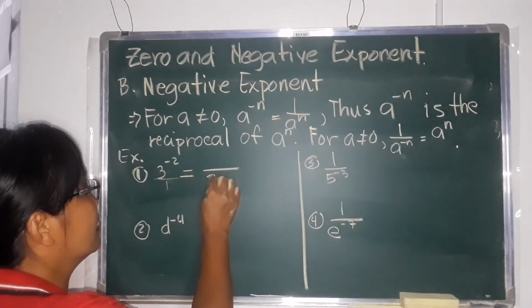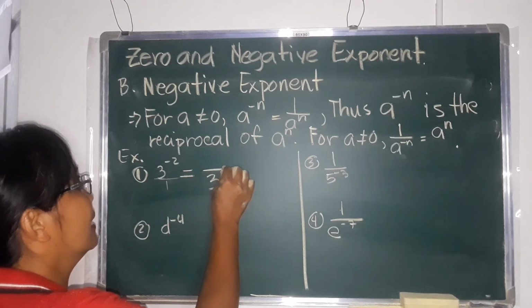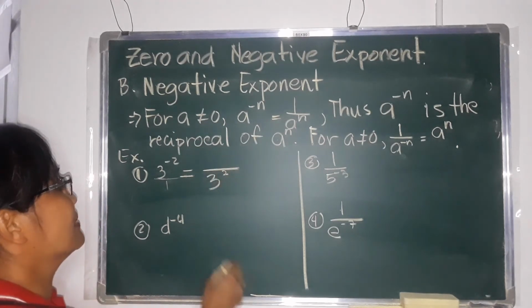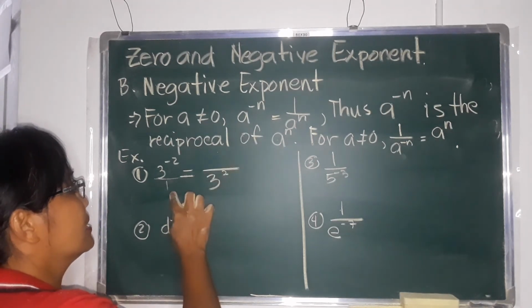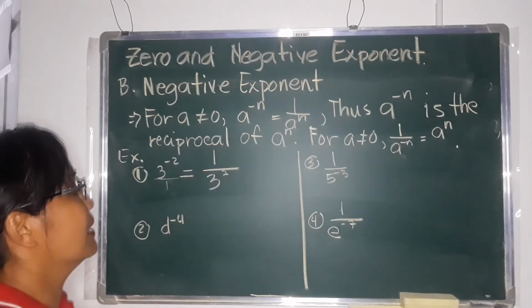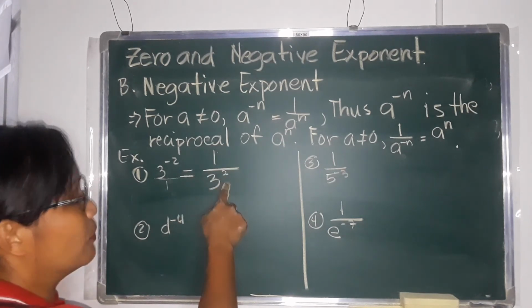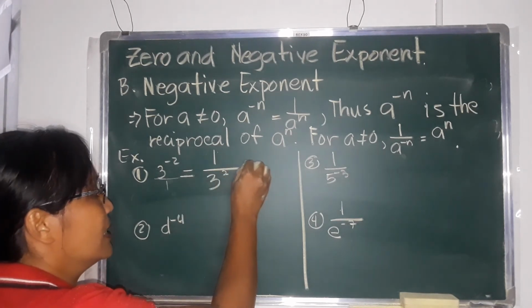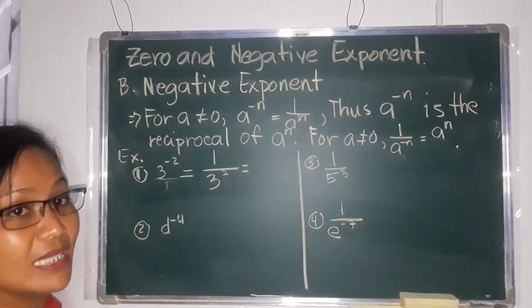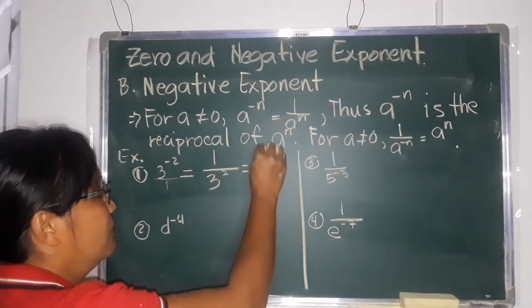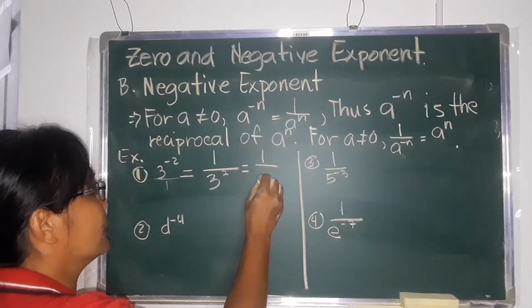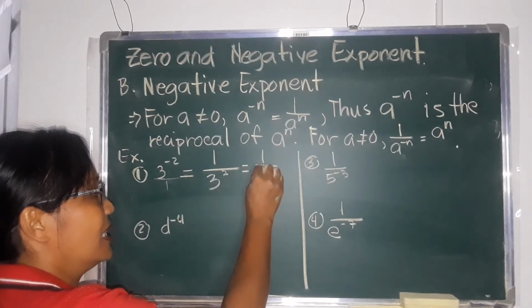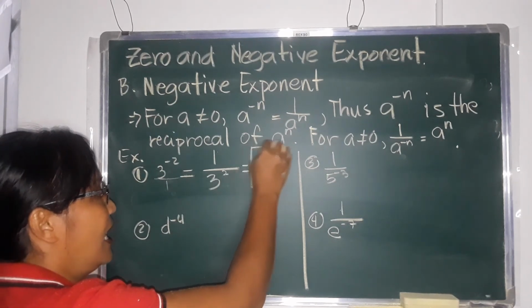This one will be on the denominator now. Remove the negative sign and then the one below must be on the top. So, this is our answer. But we need to simplify first. So 1 over 3 squared, which is 3 times 3, 9. So this is our final answer.